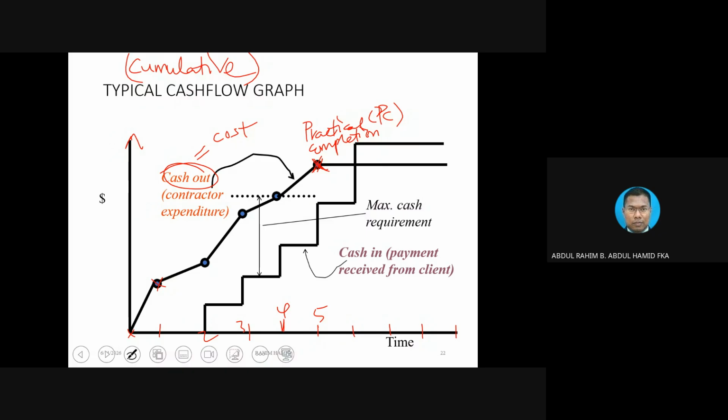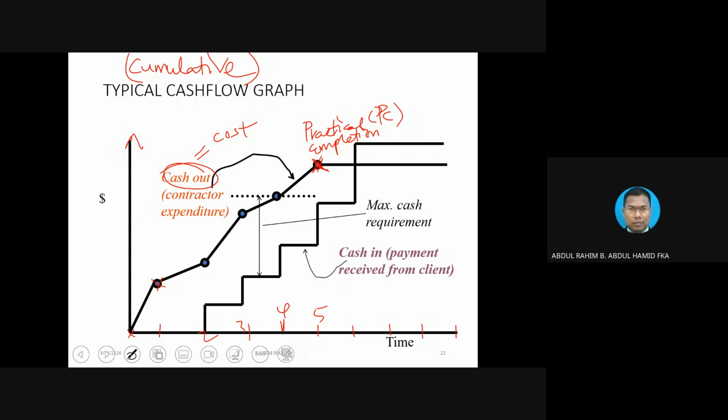But why do we extend the graph into a few more months? Because in construction, after you hand over to the client, the defect liability period will start, and continue for a few months or even a few years.